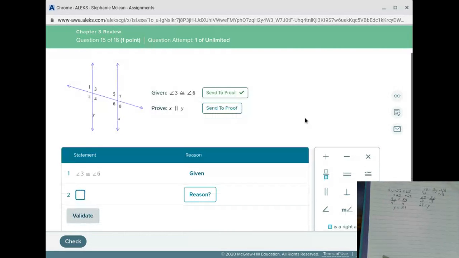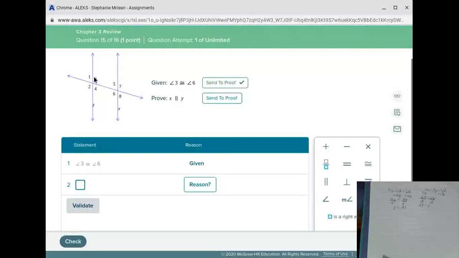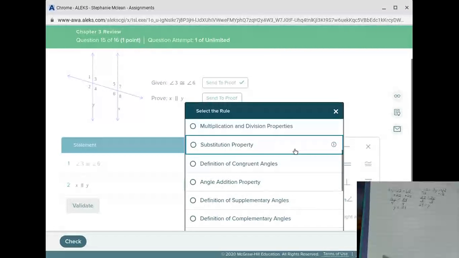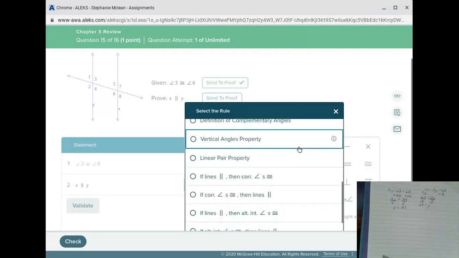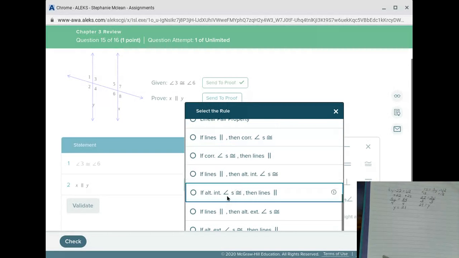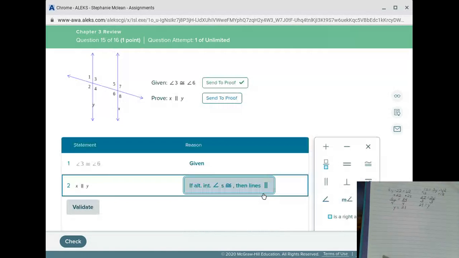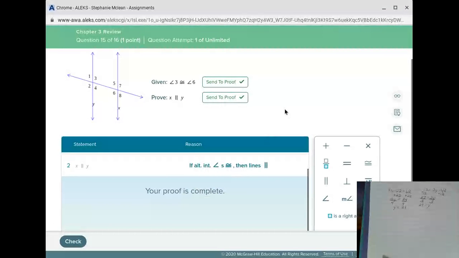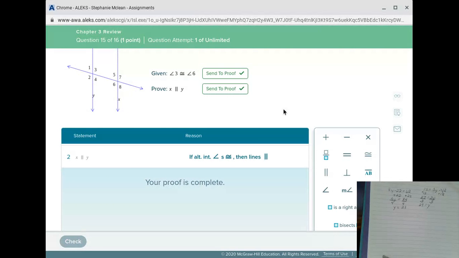There's something special that I know about alternate interior angles. So I can say that x is parallel to y because the alternate interior angles are congruent. If alternate interior angles are congruent, then the lines are parallel. So it's another one-step proof.